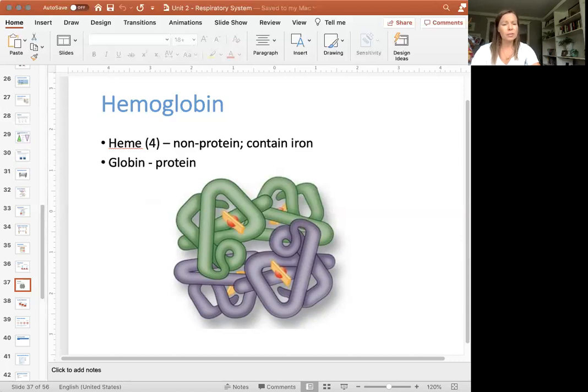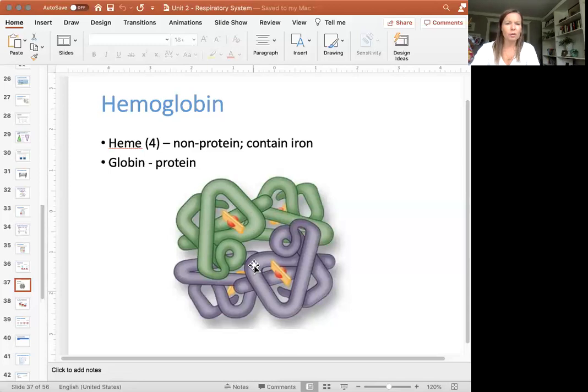By far, the majority of it is carried by hemoglobin, and that's the molecule that is pictured here. On a hemoglobin molecule, there is the globin part, the coiled up green and purple structures that you see on the diagram, and that is the protein portion of hemoglobin.